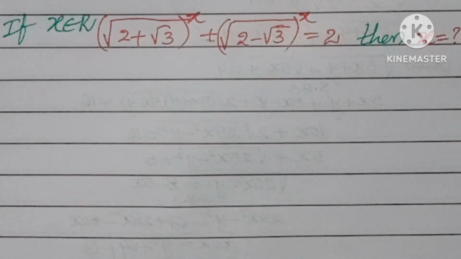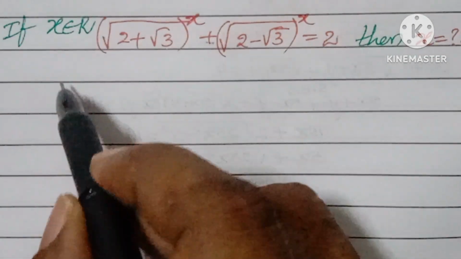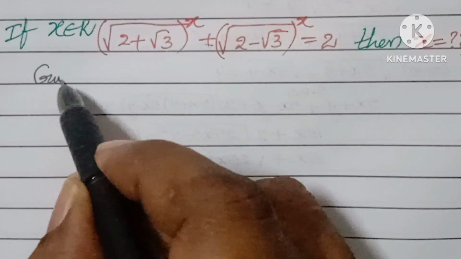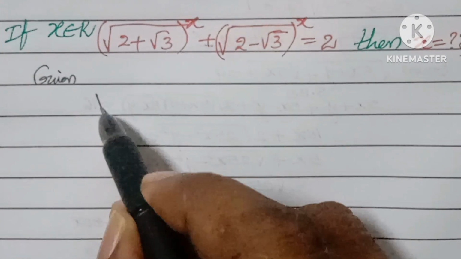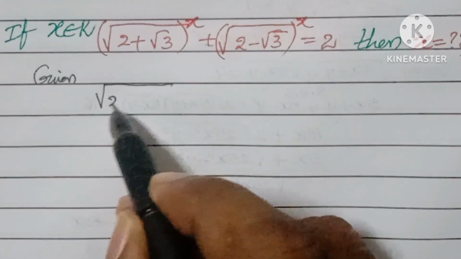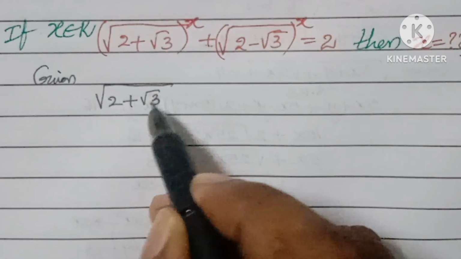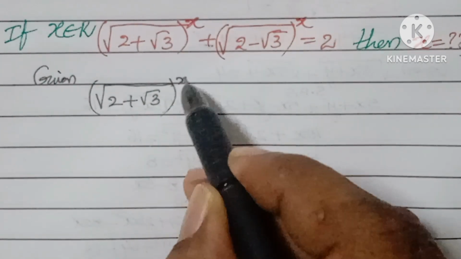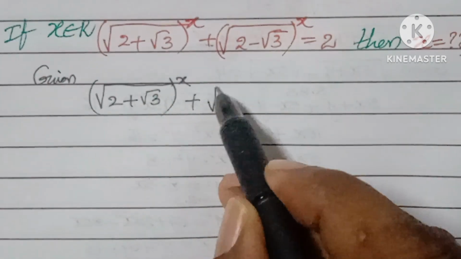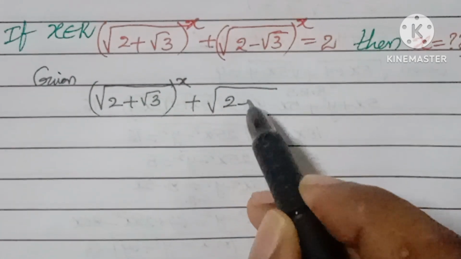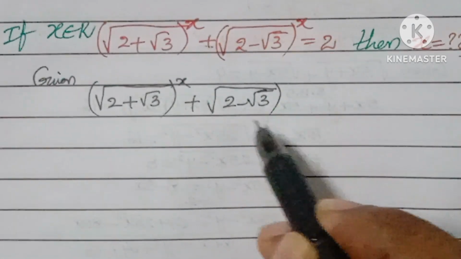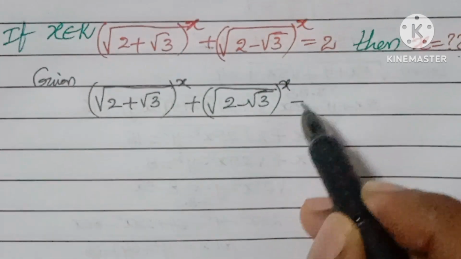So here, how to solve this problem. First of all, given (root of 2 plus root 3) to the power of x plus (root of 2 minus root 3) to the power of x is equal to 2.